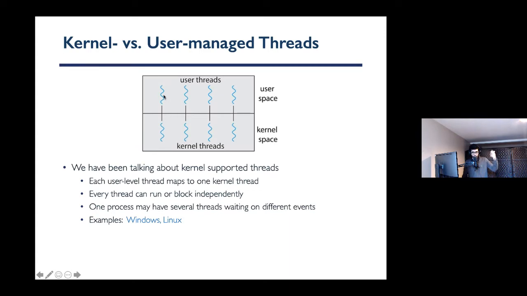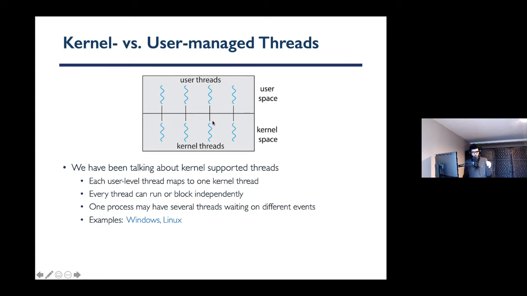As I just showed you, we have support for every single user space thread inside our kernel space. Basically, this is the paradigm that we have talked about so far.